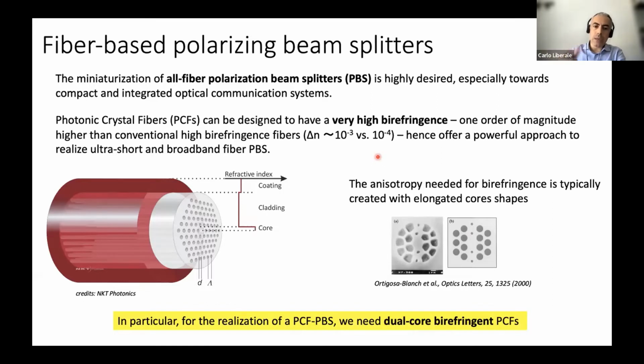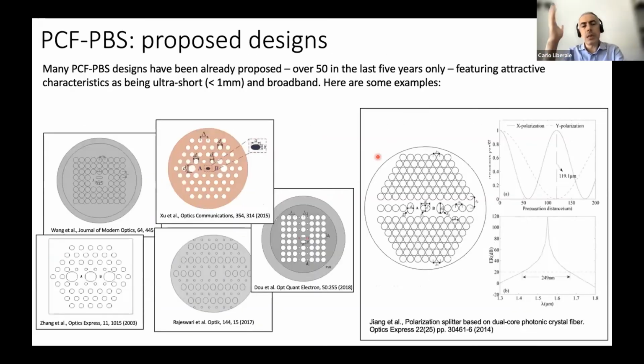In particular, to create a polarizing beam splitter, you need a dual core birefringent fiber. I will show you a little bit in the next slide. What has attracted us to developing this is that we found that people were interested in this property, but nobody has ever presented a device based on this. We found several different designs, and all are dual core.